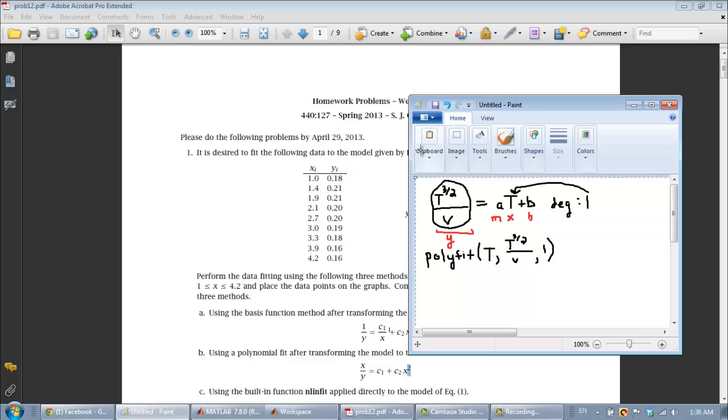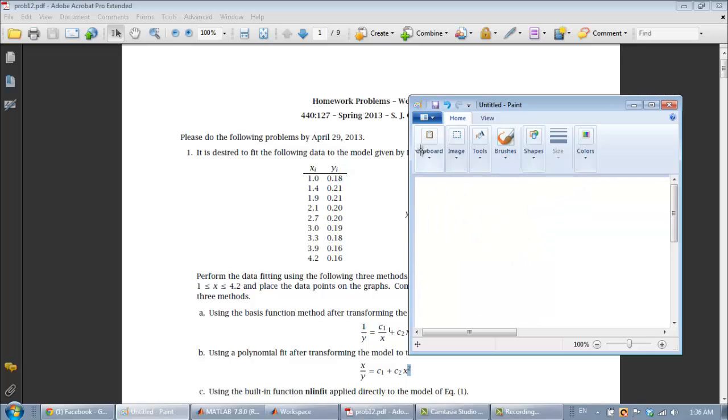So again, polyfitting, I guess it helps to look at it this way. x over y equals c1 x to the 0 plus 0 x to the 1 plus c2 x squared.